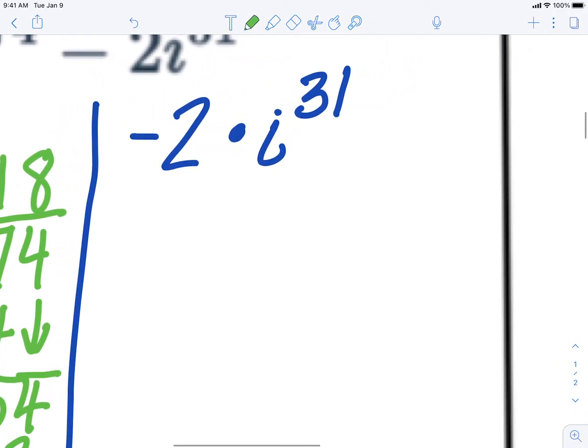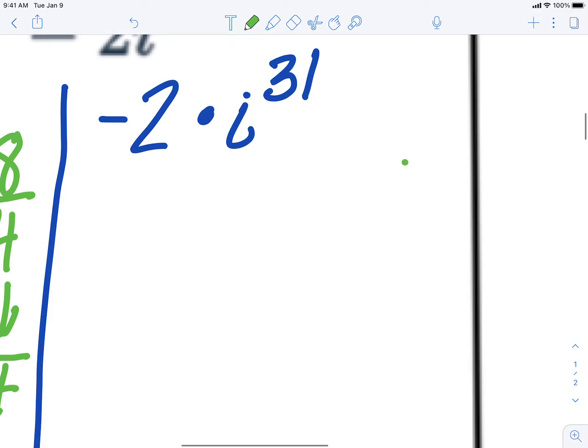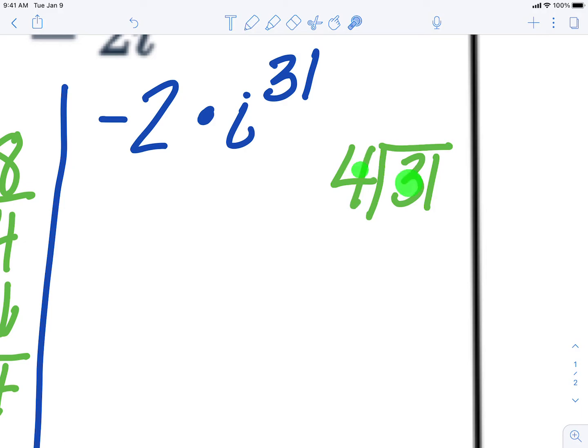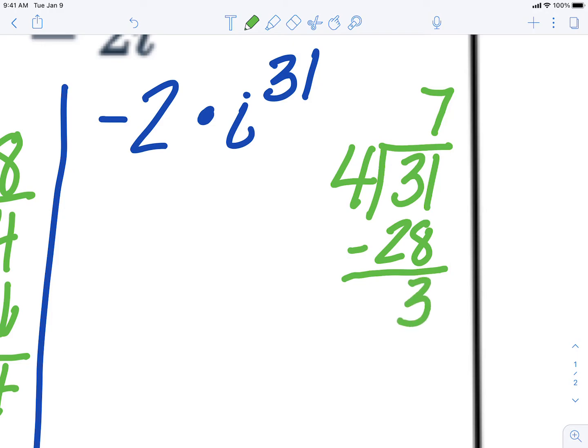So again, I'm going to take 31 and divide it by 4. 4 cannot go into 3, but 4 goes into 31 without going over 7 times. 4 times 7 is 28. 31 minus 28 is 3.